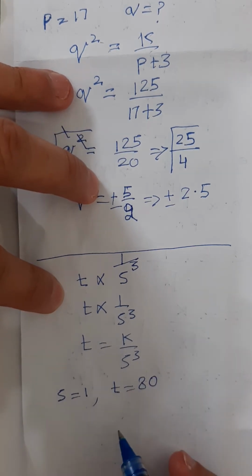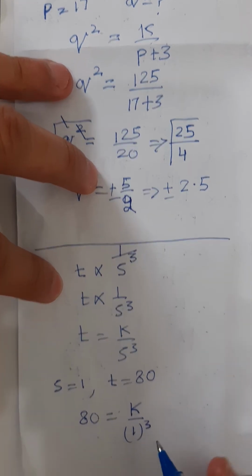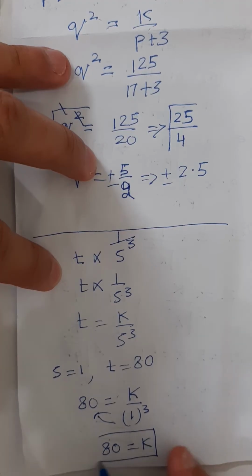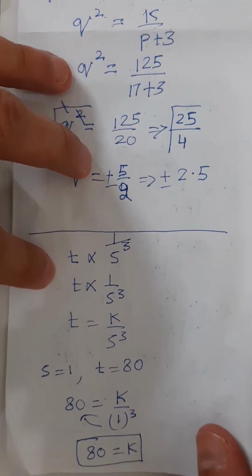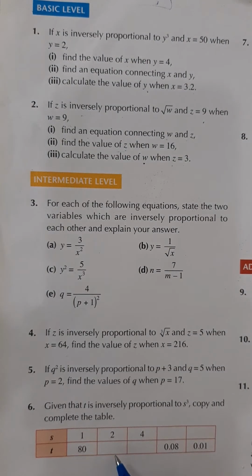Now we can find the value of k from here using t equal to 80, k over s cube. s is 1, so 1 cube is again 1. So 1 into 80 will give you the value for k, which will be 80. Now you have to complete the table.